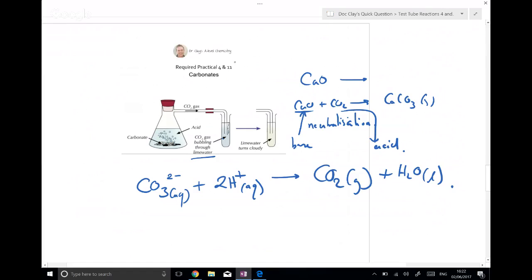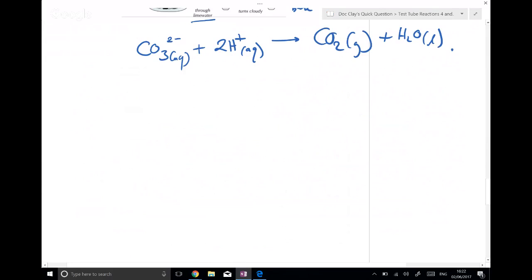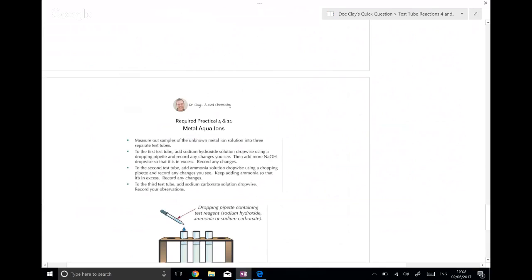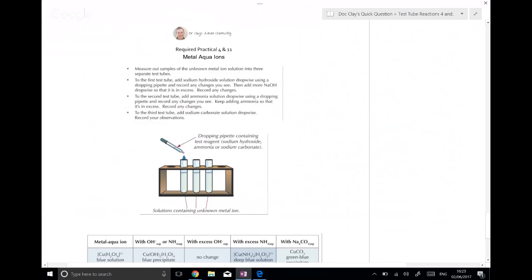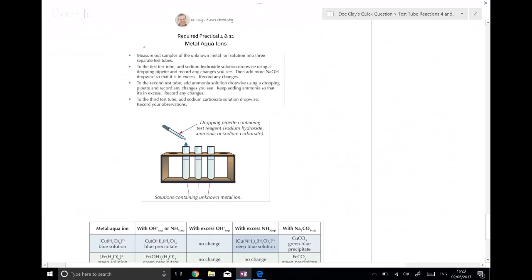The required practical number 11 then, which we're going to move on to, is our metal aqueous ions, and here we go. So there are some key things that we need to know about. I've identified here the key process as to what we do.